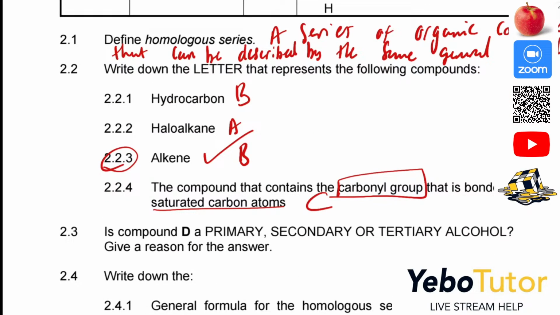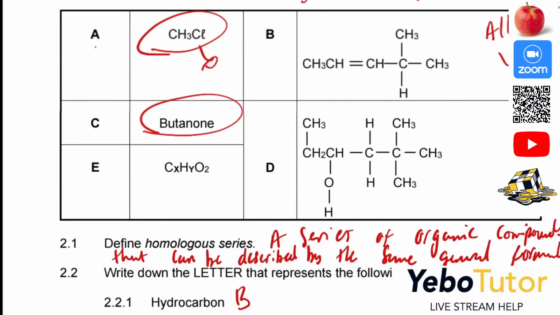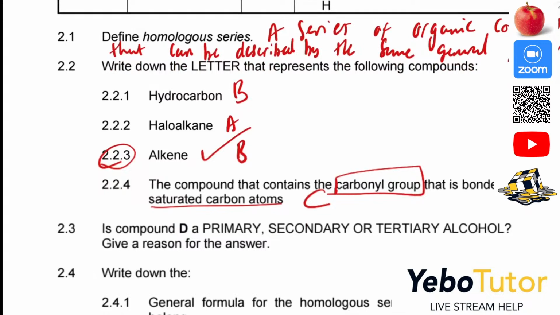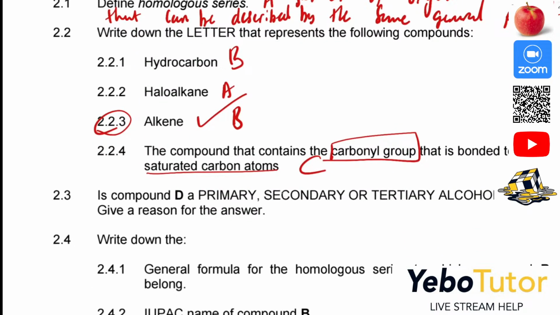Is compound D a primary, secondary, or tertiary alcohol? Give a reason for your answer. Let's see D. Here is D. Of course, we can see that our D, there's no way it's going to be primary. It's a secondary alcohol. Why?